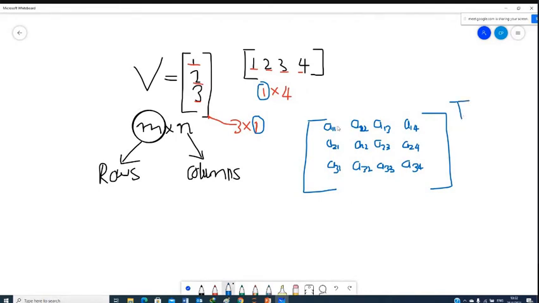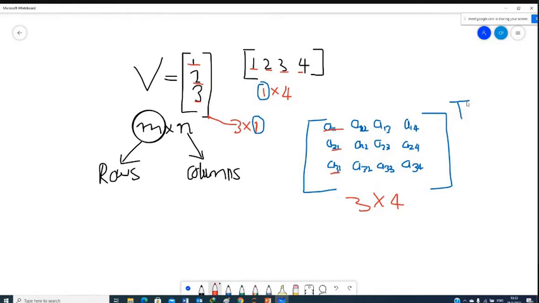Remember we said M is the number of rows. So this is a 3 by 4 matrix, and we've got 3 rows and 4 columns.